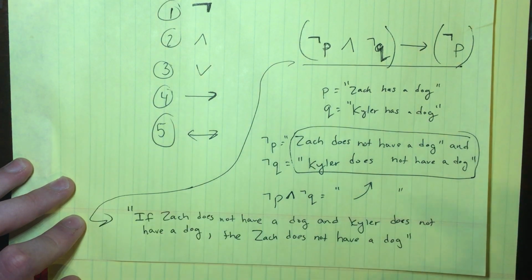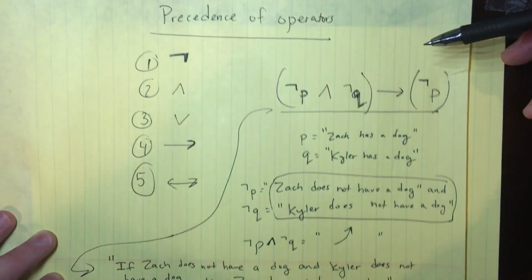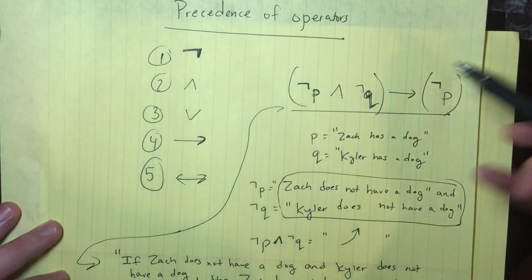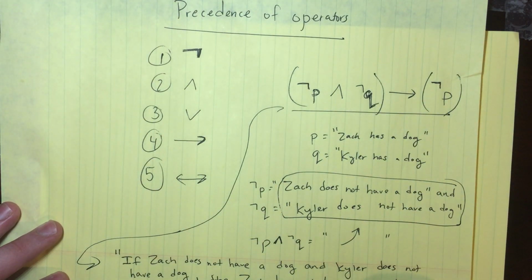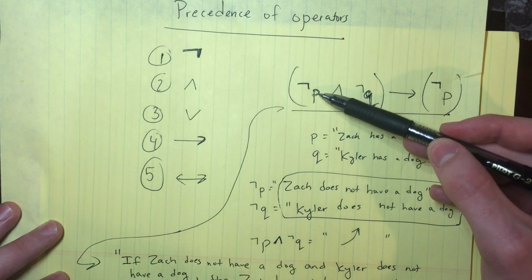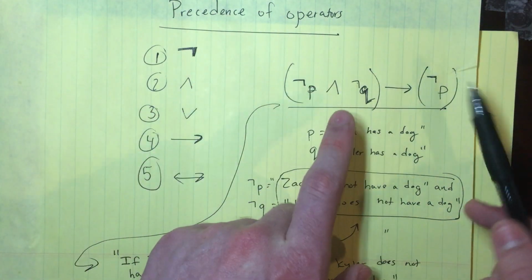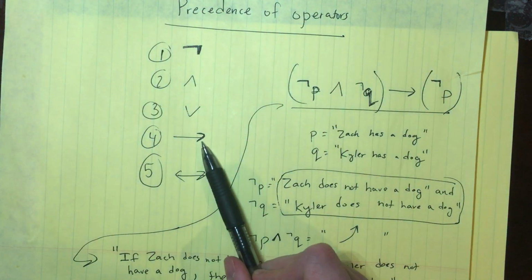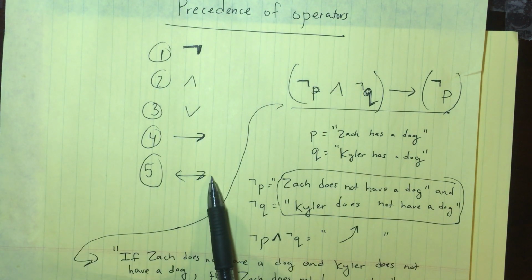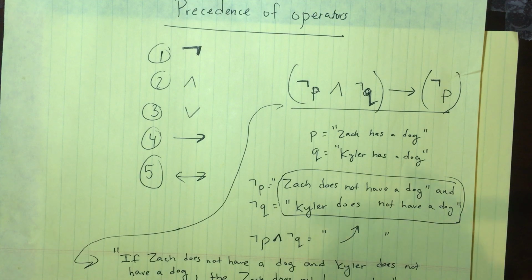So it doesn't really make sense, but I'm just showing you the precedence of the operators. This whole thing would be equal to this, and all I did was the nots first, and then the ands, and then the if, since that comes last, and this is last. So that's kind of how that works.